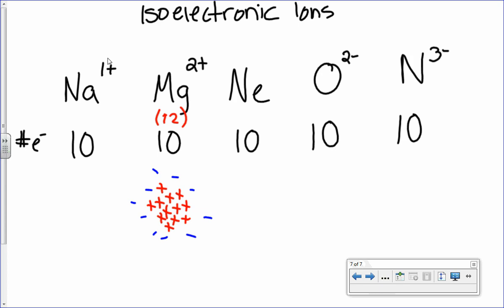Nitrogen has 7 protons in the center and 10 electrons in the outer energy levels. Since the electrons outnumber the protons, they're going to spread out farther because the nucleus doesn't have as good a control over those electrons since they're outnumbered. So that one spreads out just a little bit bigger. Make sense? Makes sense. Excellent.